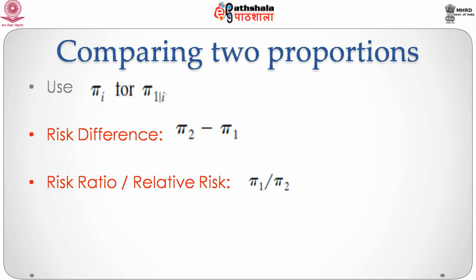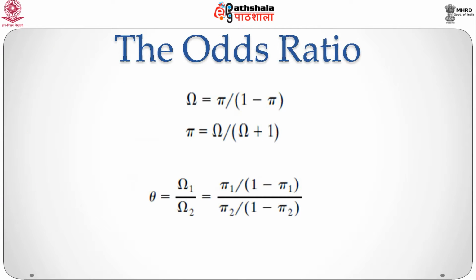However, when I construct the confidence interval, for example, I need to be mindful of whether I have used the ratio pi 1 over pi 2 or pi 2 over pi 1 in trying to interpret this in the context of the data. I am going to define another ratio which you may or may not have seen before.